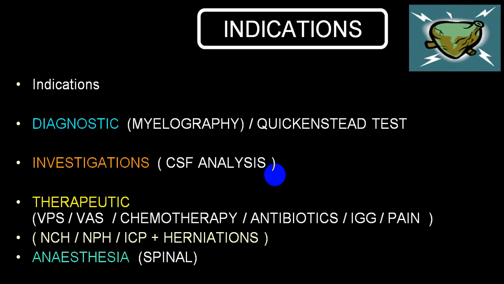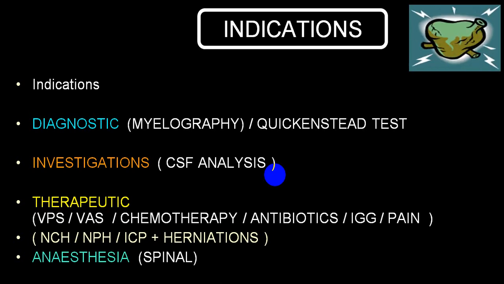Now indication can be for diagnostic purpose like myelography, Queckenstedt test. Also you can utilize the same word for diagnosis, only a little twisting of things is done. So investigation is indirectly a diagnosis of a disease only, but a separate word is utilized, that is for CSF analysis.